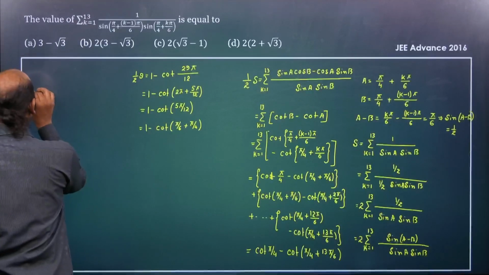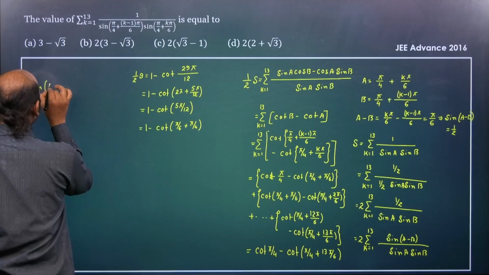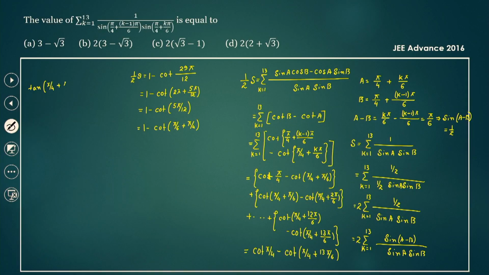Let's calculate tan of pi by 4 plus pi by 6. That's equal to tan pi by 4 which is 1, tan pi by 6 is 1 by root 3, and we have 1 minus 1 by root 3. If I multiply both sides by root 3, we get root 3 plus 1 over root 3 minus 1. So cot of pi by 4 plus pi by 6 is the reciprocal: root 3 minus 1 over root 3 plus 1.